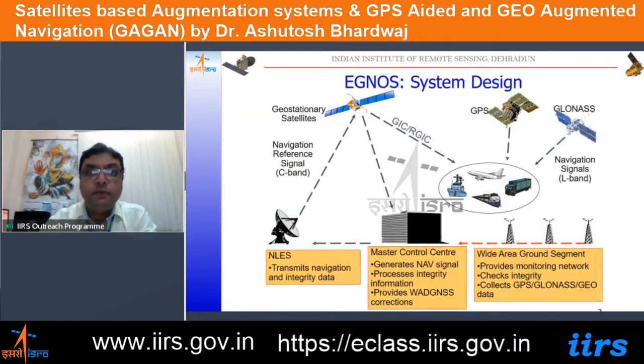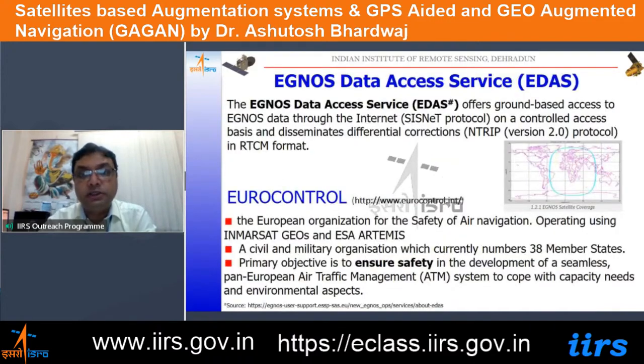Now, similar to the WAAS and GAGAN system, there is an EGNOS system which is available for Europe. Here again, same. They have reference stations on the ground, and with the use of the geostationary satellites in orbit, they are sending the corrected signals to the users. Besides that, they are also using internet-based transmission for the correction signals, for the dissemination of differential correction using the NTRIP protocol.